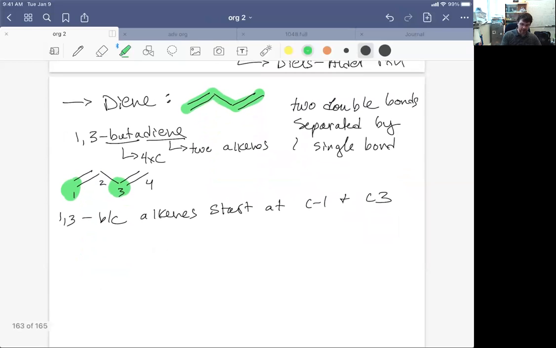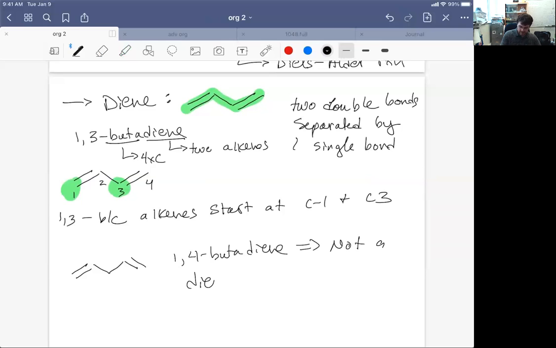It turns out that other systems that look like this just won't work. So if we have something like this, this is a 1,4-butadiene, and if you have this, it is not a diene for a DA reaction. It could react as the other component perhaps, but what we're considering right now is the diene reactant.